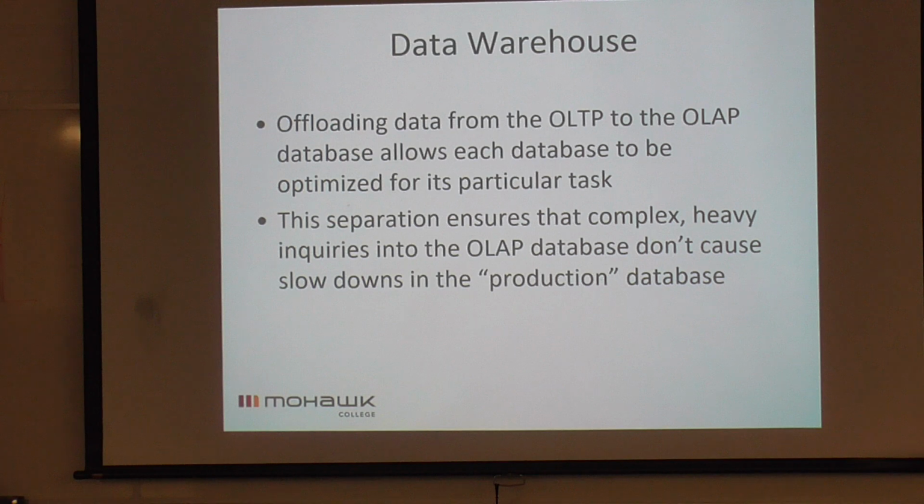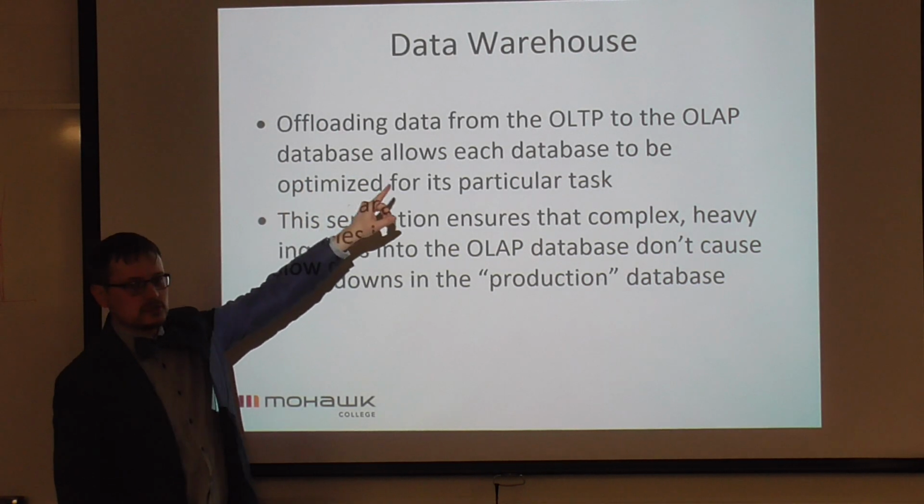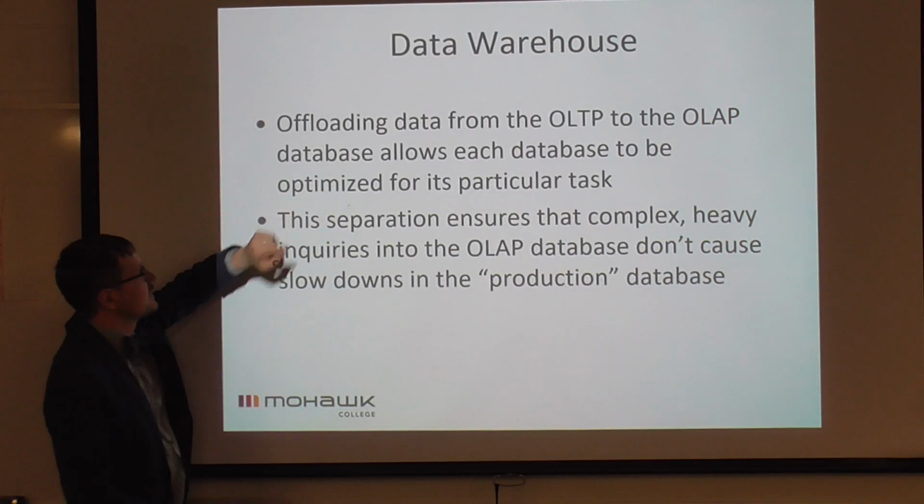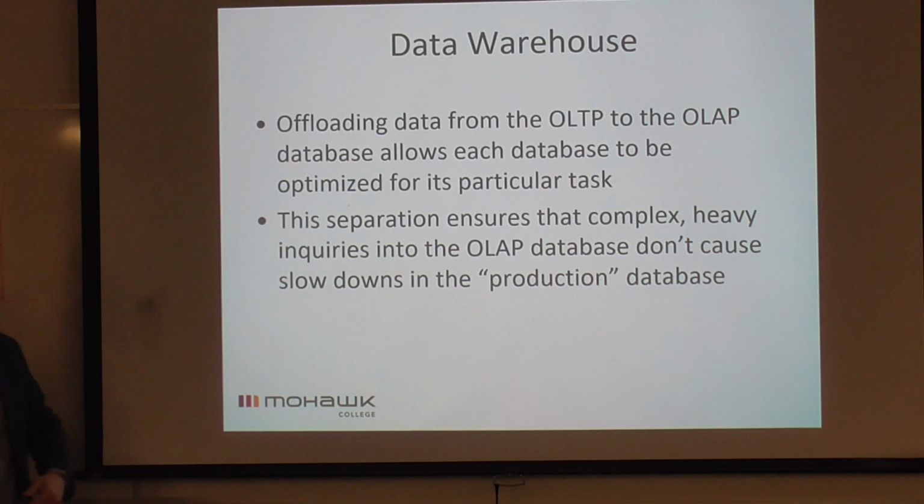Anyway, data warehouses. Offloading data from the transaction-based database to the OLAP database allows each database to be optimized for its particular task. So basically the answer to the question, what if I want the best of both worlds, is to keep two databases.